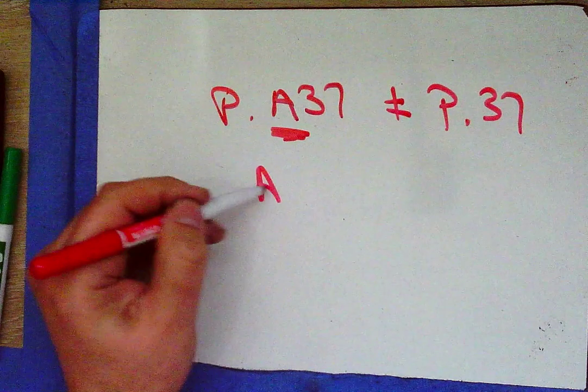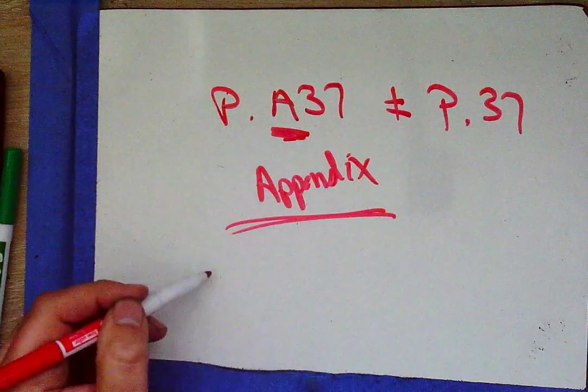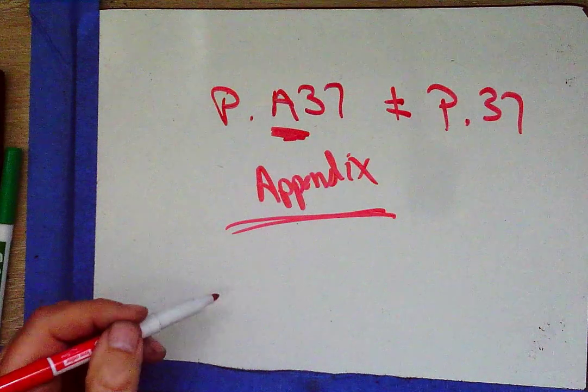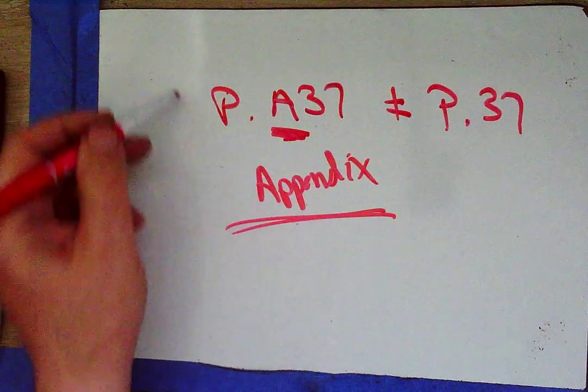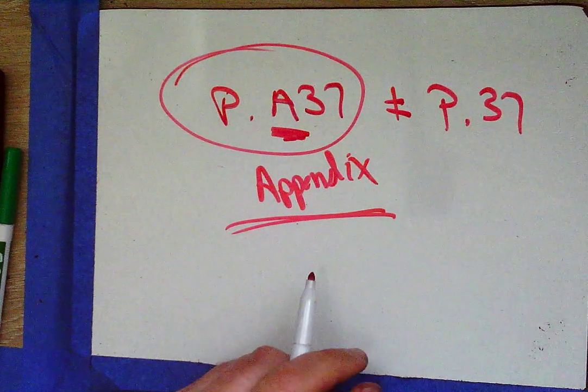This is saying go to the appendix. You're going to the appendix in the back of the book after chapter 10, and you're looking on page A37 of the appendix, okay? Okay, so please make sure you give these problems a try. I would expect to see this kind of thing on a CFA and definitely on a test.